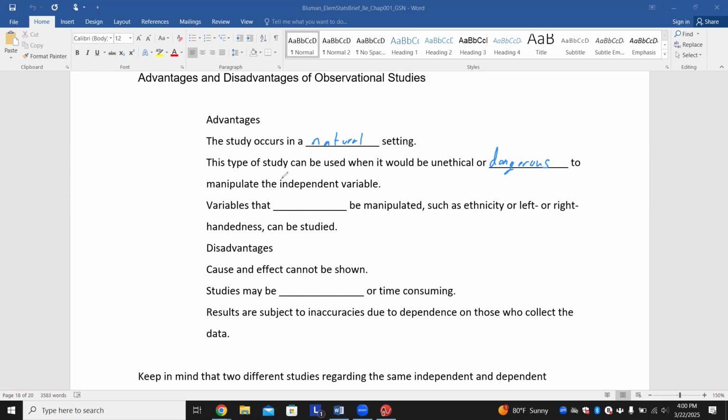Variables that cannot be manipulated, because we cannot control anything. This is all stuff that's being observed, such as ethnicity or left or right handedness, can be studied. So again, maybe blood pressure is affected by left or right handedness. Maybe blood pressure is affected by the ethnicity that you have. Maybe they just withstand more.